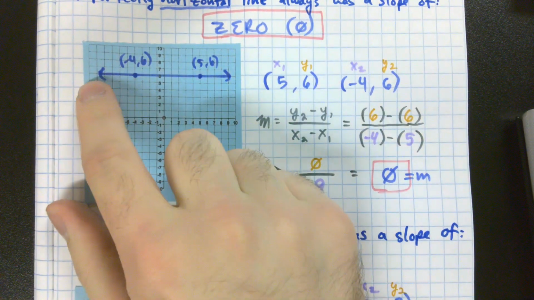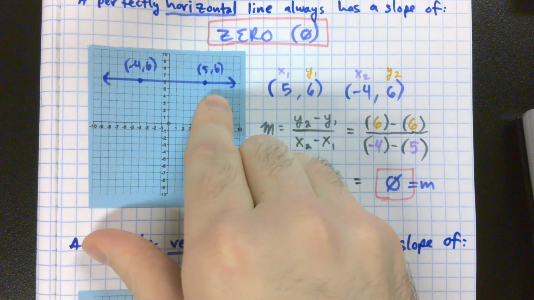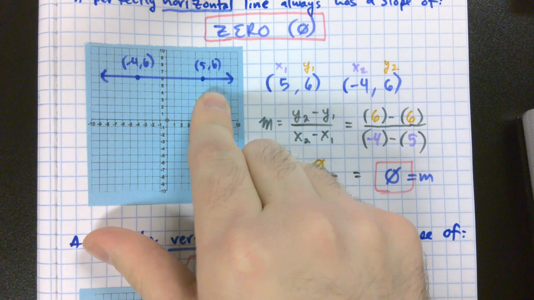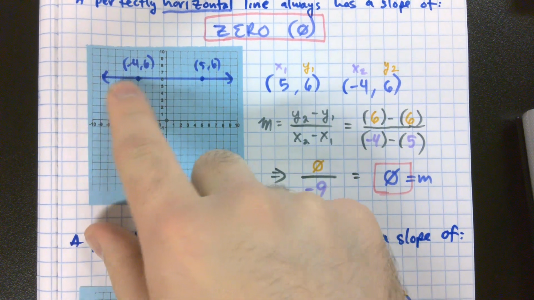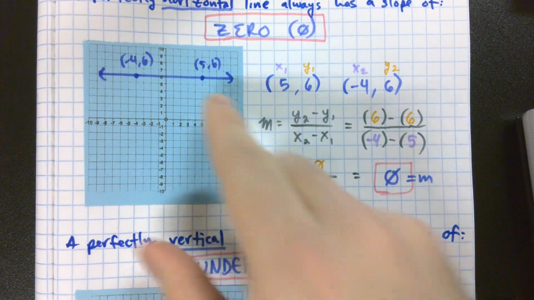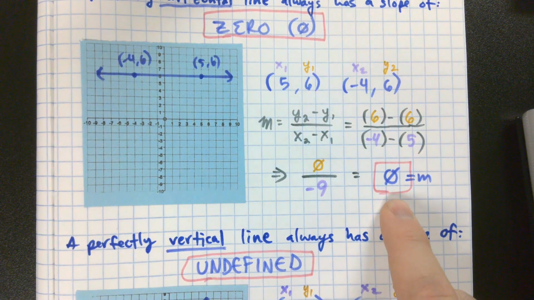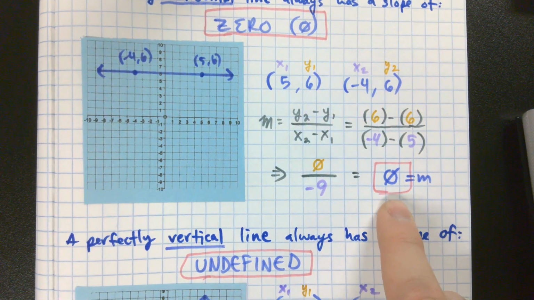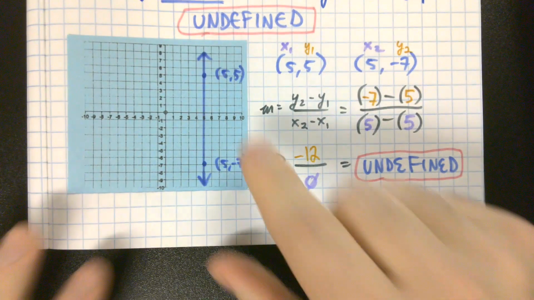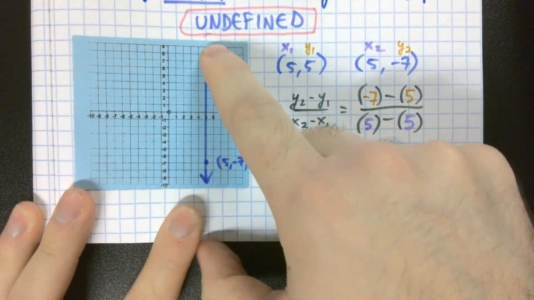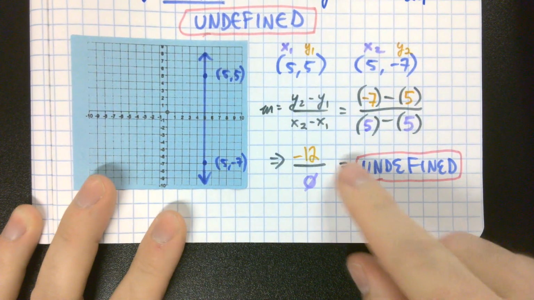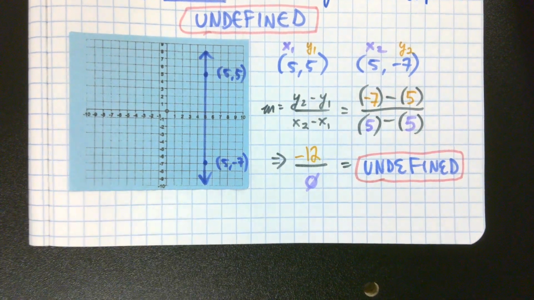How much effort would it take you to walk on a flat surface like this? 0 effort, right? So if we're walking on a flat surface, 0 effort, our slope will always be 0. But it's not possible for Mr. Church to put his feet up on the whiteboard and start walking straight up the wall, right? That idea is undefined or impossible.